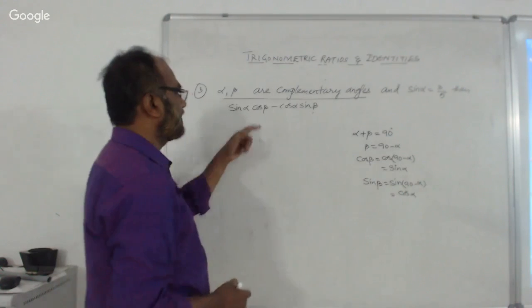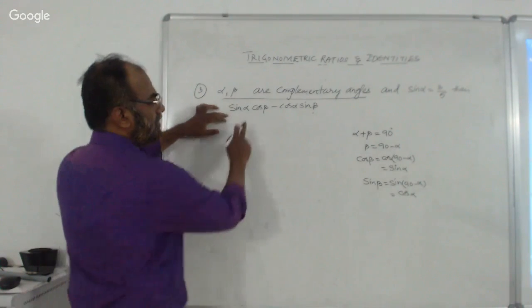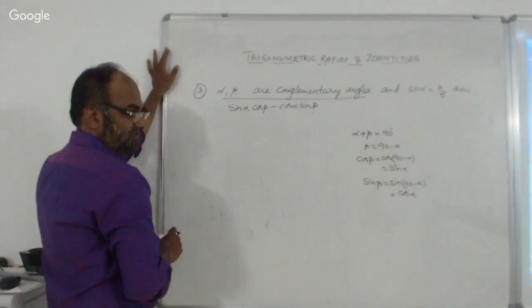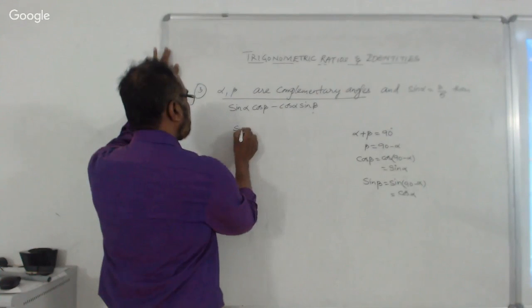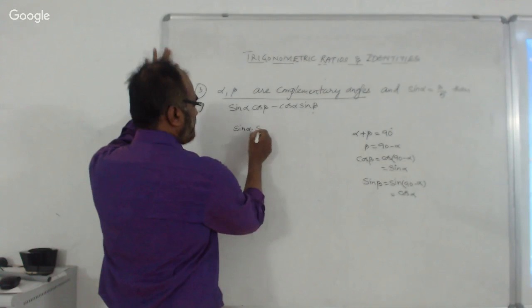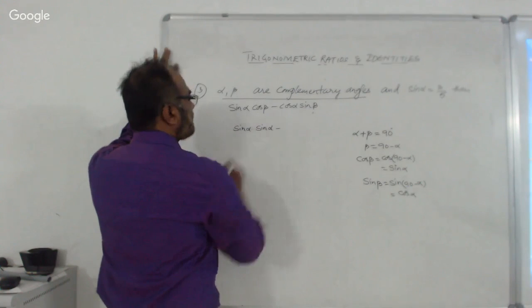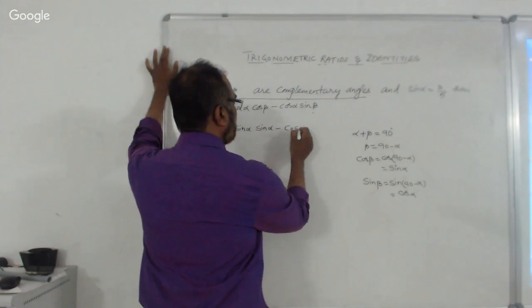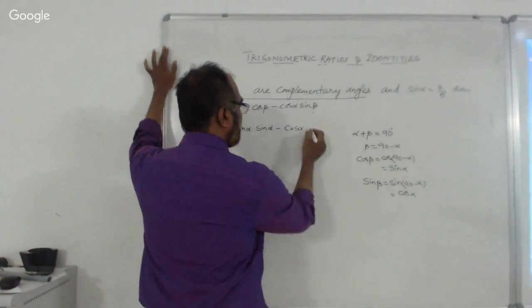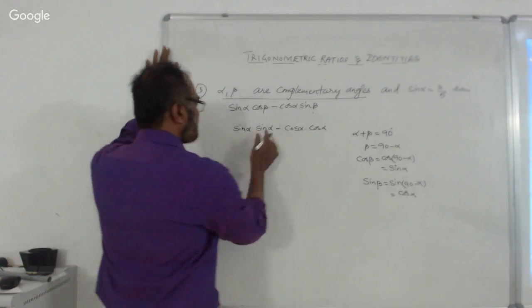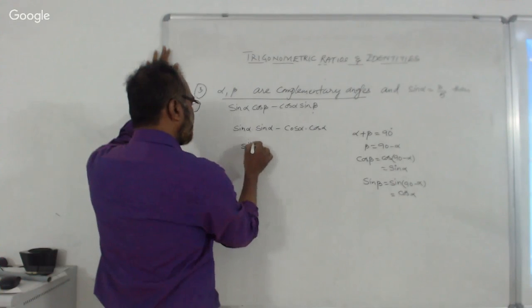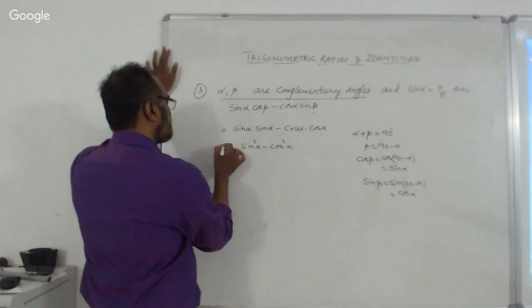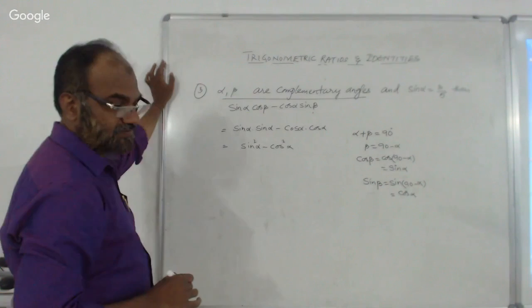Substituting back, sin alpha into sin alpha minus cos alpha into cos alpha, so it is sin square alpha minus cos square alpha.